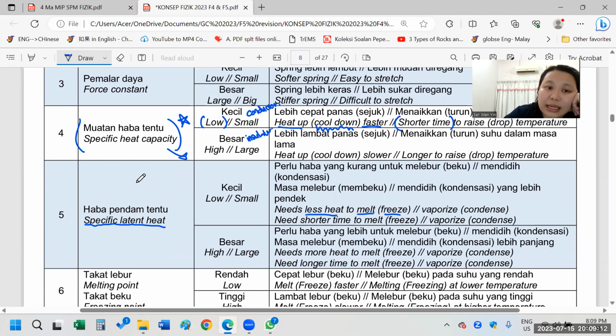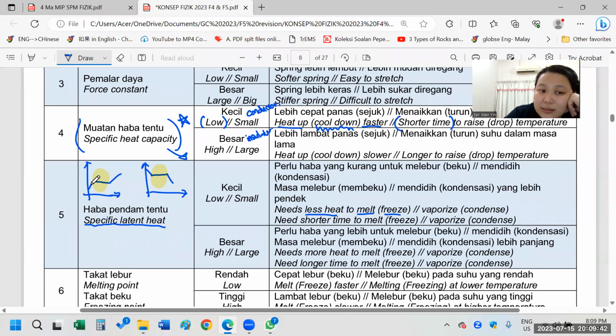So as we learn in chemistry, we learn the cooling and the boiling graph, right? The melting graph and the heating graph and the cooling graph. So the heating graph is like this, the cooling graph like this. Okay, so where is specific latent heat located? It's around here, when there's no change of temperature.